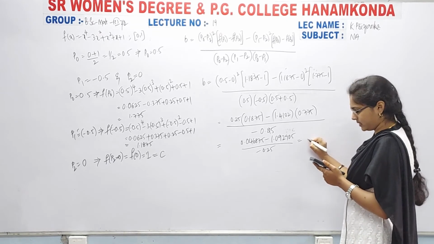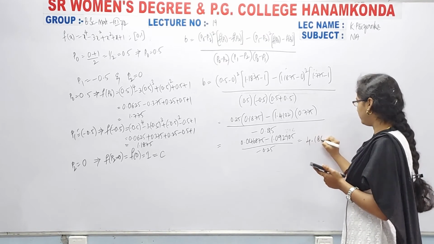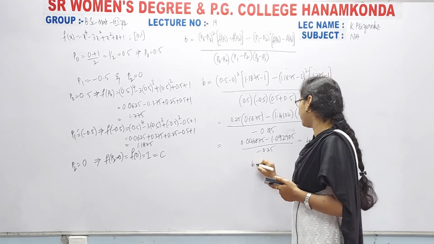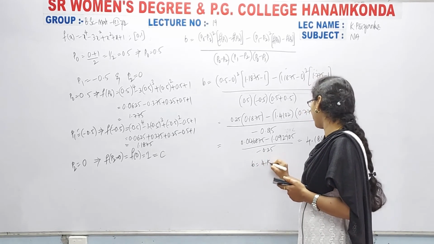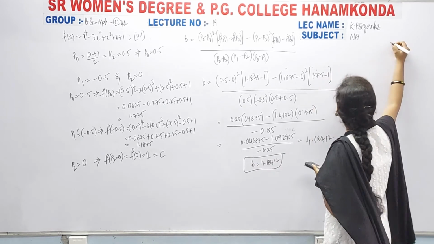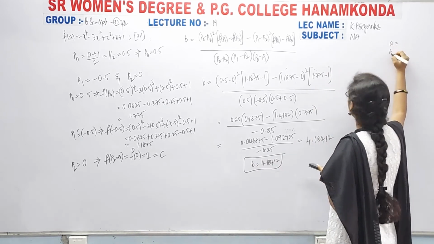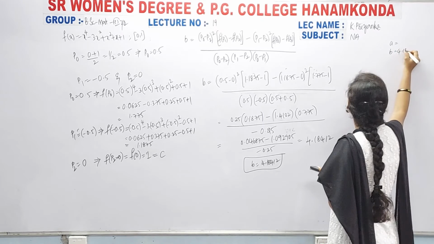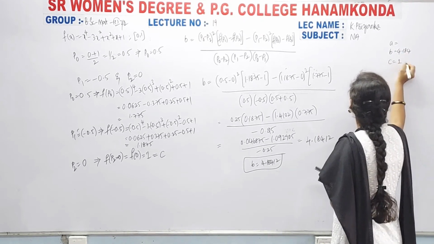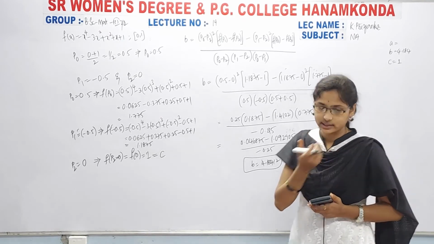Simply here it is 4.18412. This is the value of B. Therefore B is equal to 4.18412. Next, I am writing here: A we don't know, B value is 4.18412, C is nothing but 1. Next we have to calculate the A value.